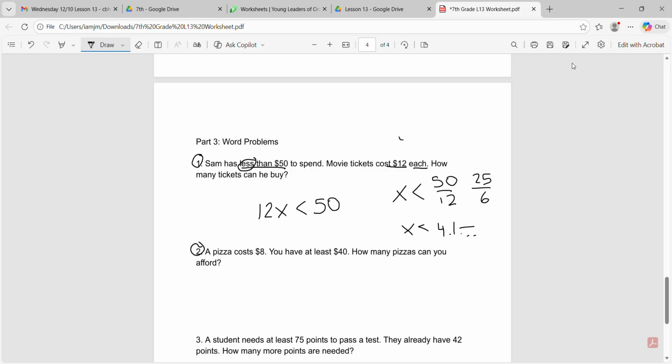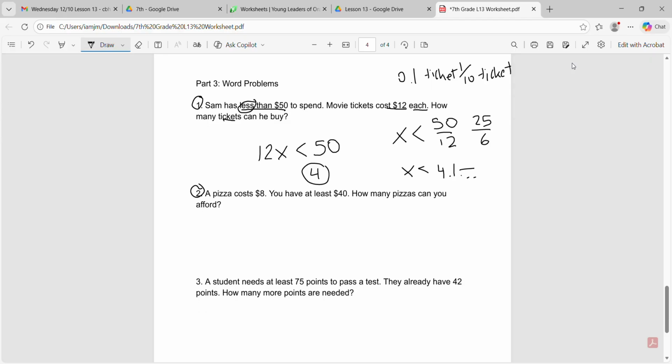However, you can't buy 0.1 of a ticket. You can't buy 1/10 of a ticket. So the maximum amount of tickets he can buy with the money he currently has is 4. Sam can buy only 4 tickets.